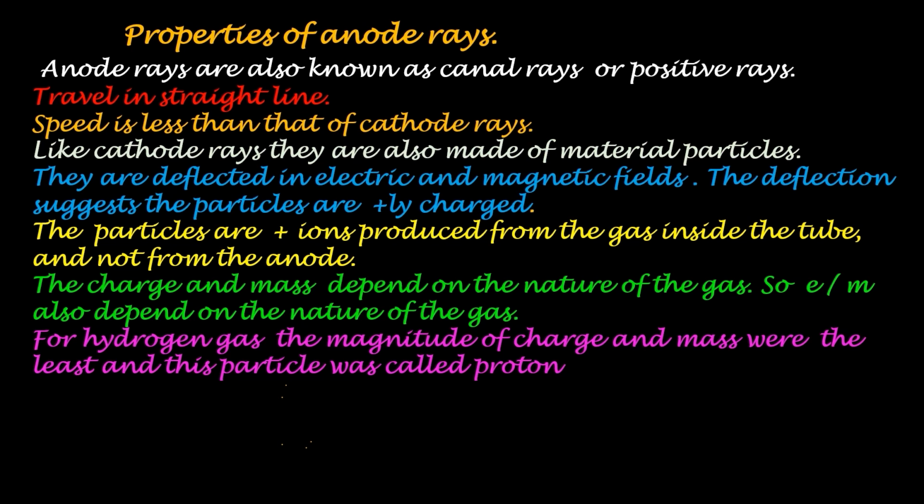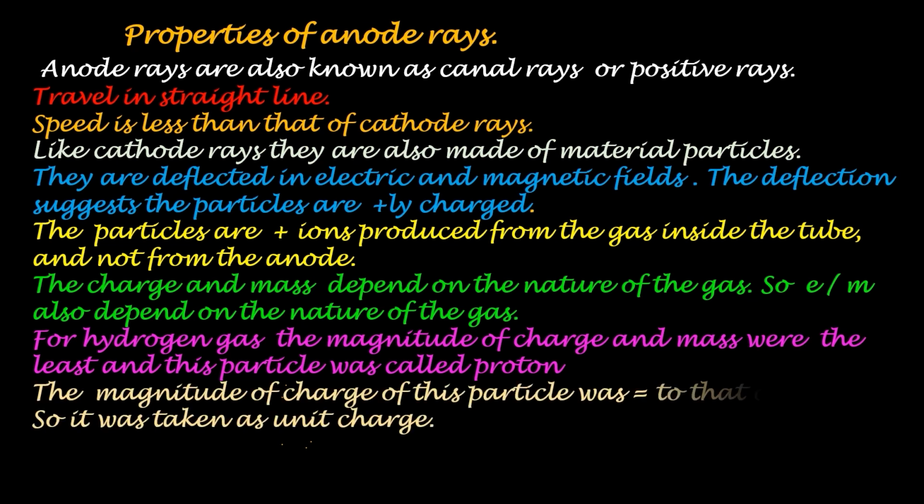That is for hydrogen. The charge of the hydrogen ions and mass of the hydrogen ions was minimum. The magnitude of charge of this particle was equal to that of the electron. So the charge and mass of the hydrogen ion is taken as unit charge and unit mass. Mass was found to be equal to 1.67 into 10 raised to minus 24 gram.